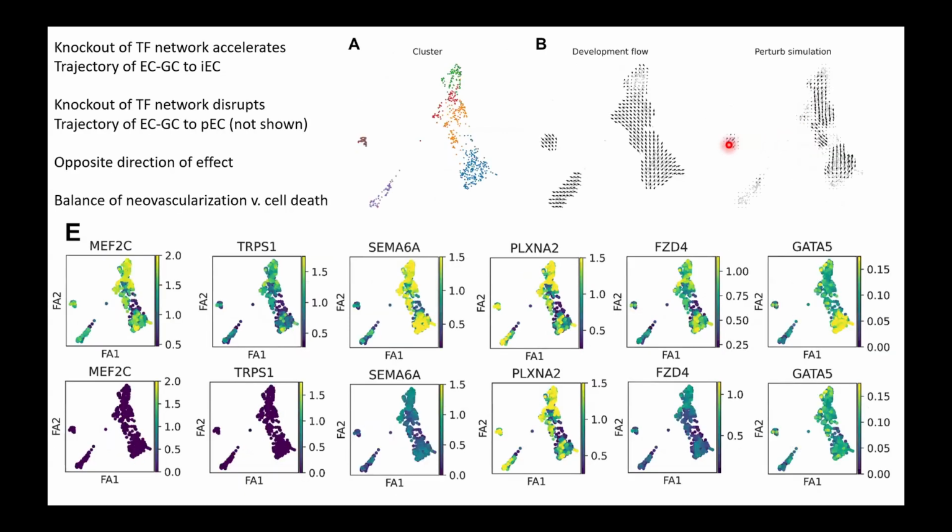And we have, again, a similar disruption of the trajectory for the proliferative endothelial cells, but here essentially we have the opposite, so we have cells that kind of go in this direction, and a lot of them revert to this more intermediary glomerular capillary, right? So that's why we started to identify that this network might balance this process of injury and neovascularization in the side of the cell fate for the endothelial cells.